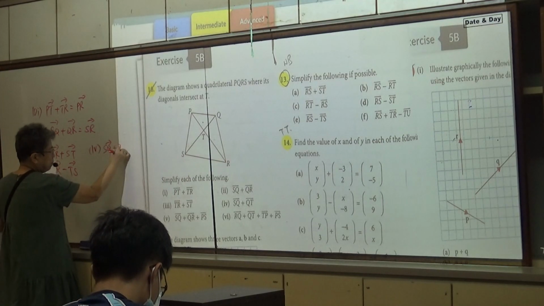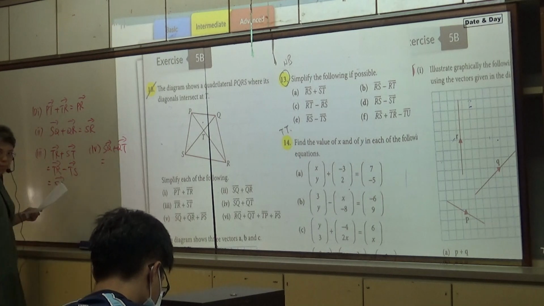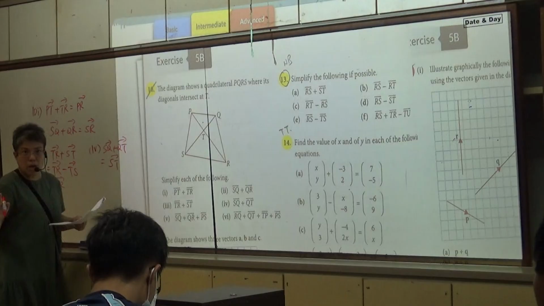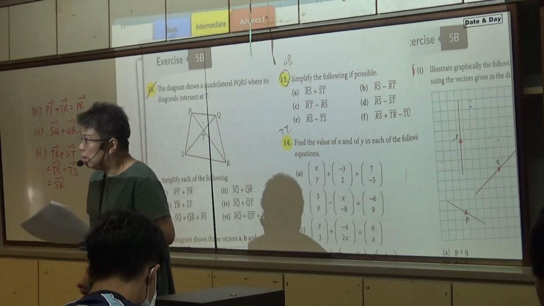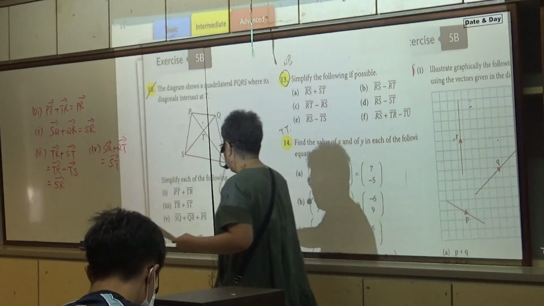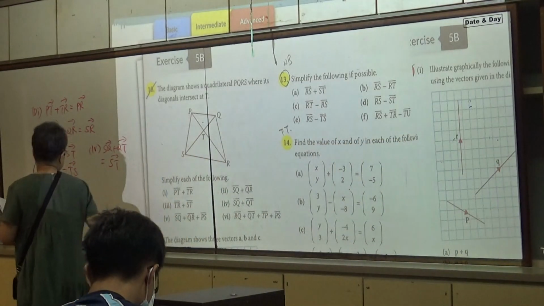SQ plus QT, right? ST. Hey, if this one comes out in the exam, must get it correct. Cannot this one also wrong, and then nothing to get correct. You understand? Next one, part 5 and part 6.